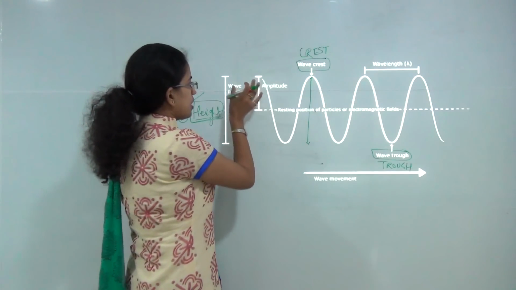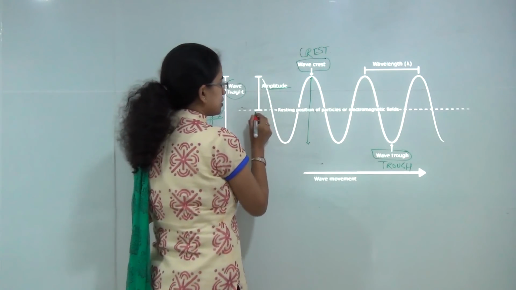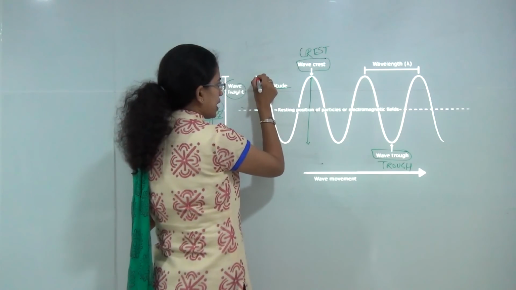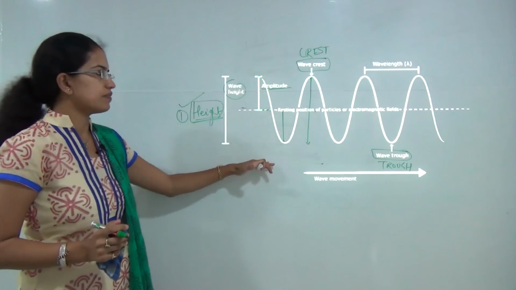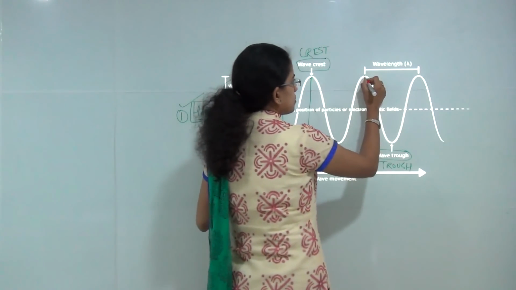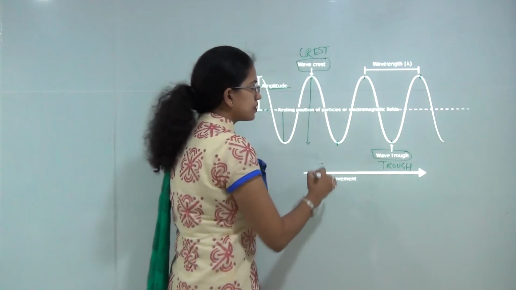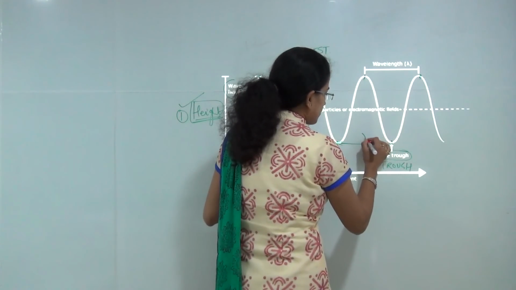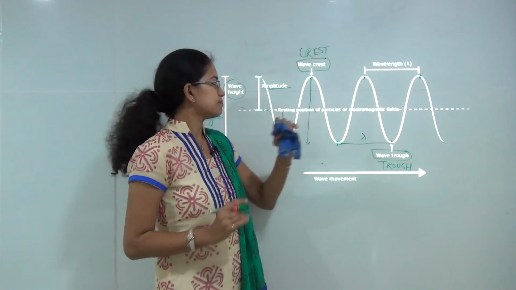Half of the wave height is known as the amplitude. That's from the resting potential to either the crest or the trough. The difference between two consecutive crests or two consecutive troughs is known as the wavelength, and we denote it by the sign lambda.